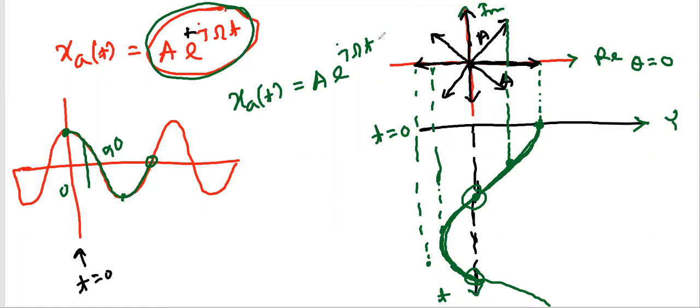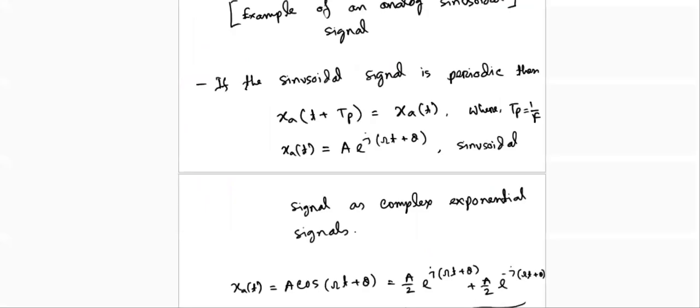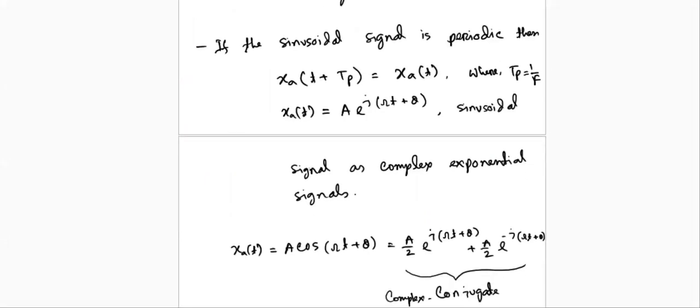Now you can try this with theta as well, and that will make some shifting. So you can try yourself to understand the shifting process as well. Similarly, x(t) equals this one, and it can also be written like this, according to Euler's formula.